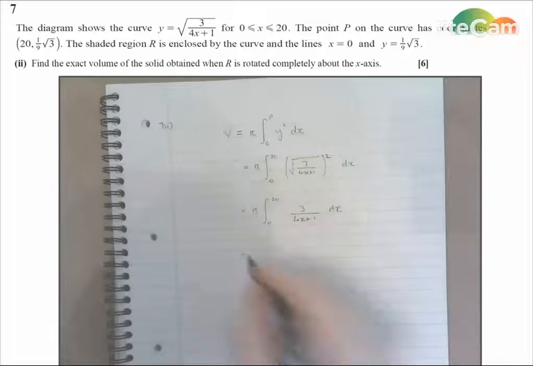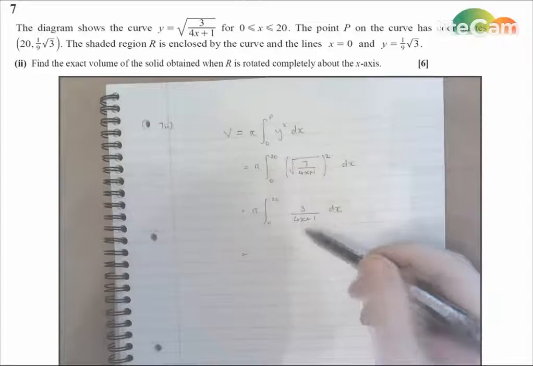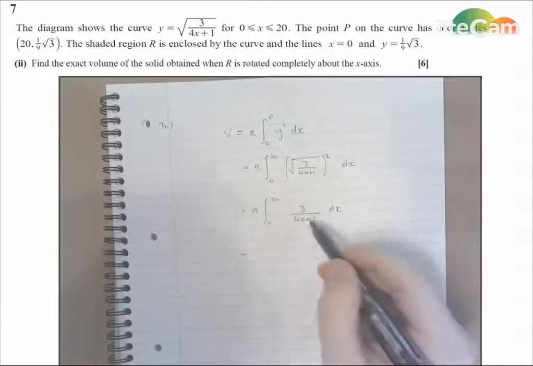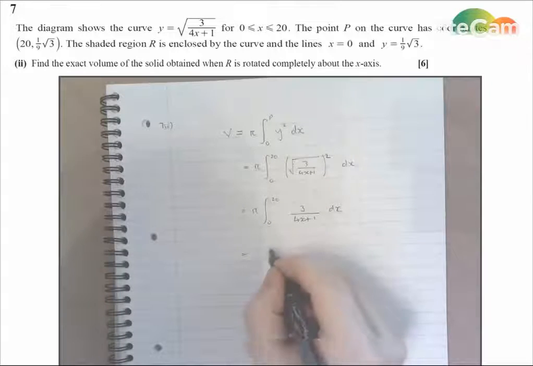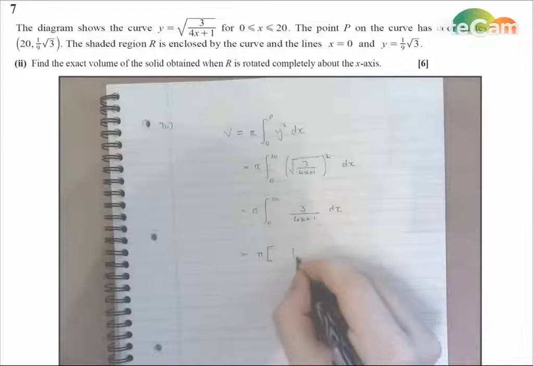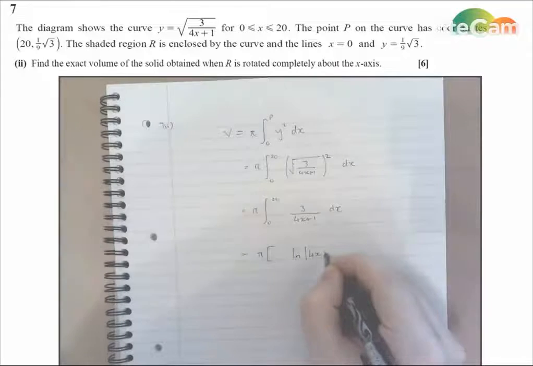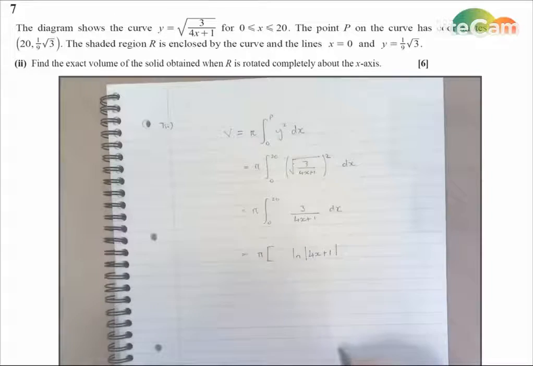So to integrate this, I know if I integrate 1 over x, I get log x. So I know when I integrate this part here, let me just put my pi there, I'm going to get some function involving log of mod 4x plus 1.